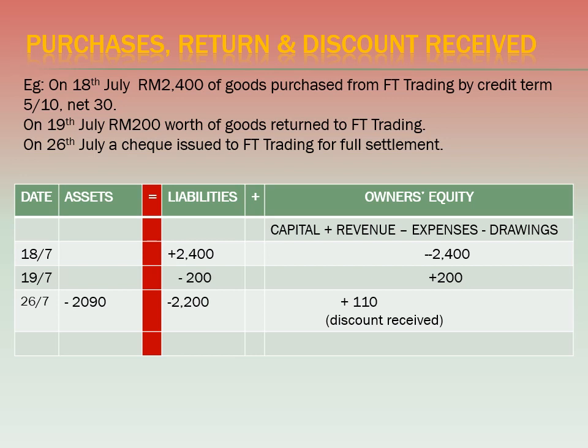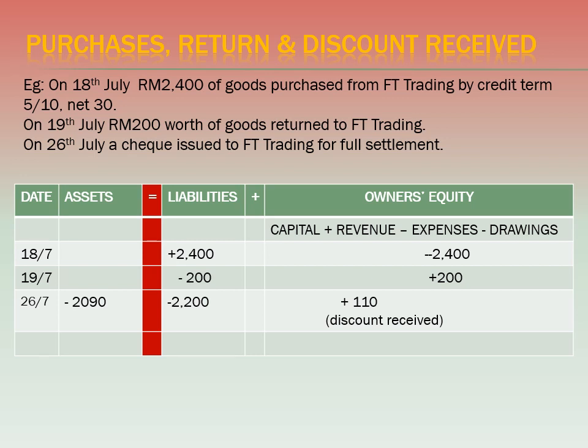Since we bought 2,400 ringgit on the 18th, but we returned 200 ringgit on the 19th, the actual amount of debt owed to FT is 2,200 ringgit. So when you pay FT, you deduct 2,200 ringgit under the liability column.